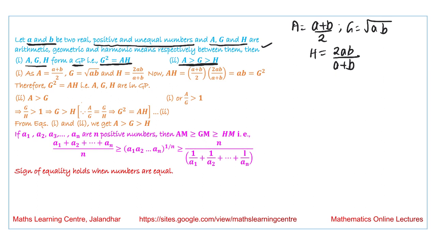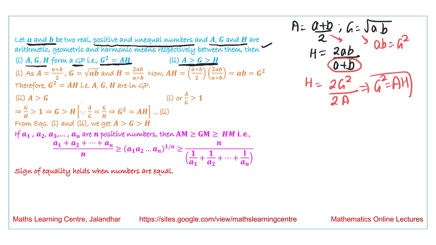Now if we substitute these values, we get H is equal to AB, that is G square, over the value of A plus B, which is 2 times G square over 2 times A. So this implies that G square is equal to A into H. So this is the first part we had to prove, that G is the geometric mean between the arithmetic mean and the harmonic mean.